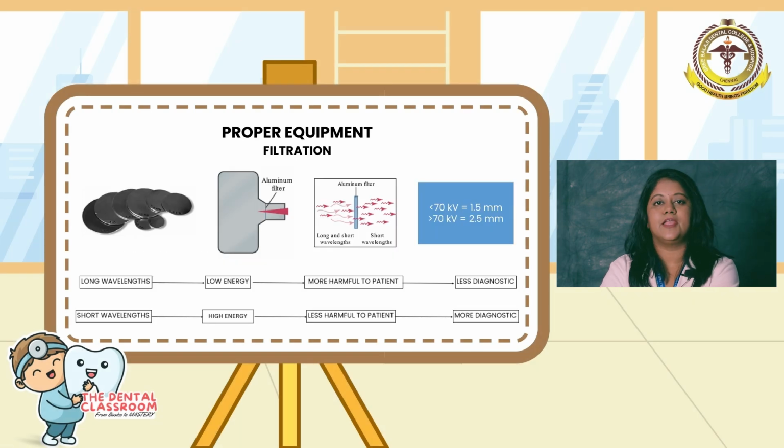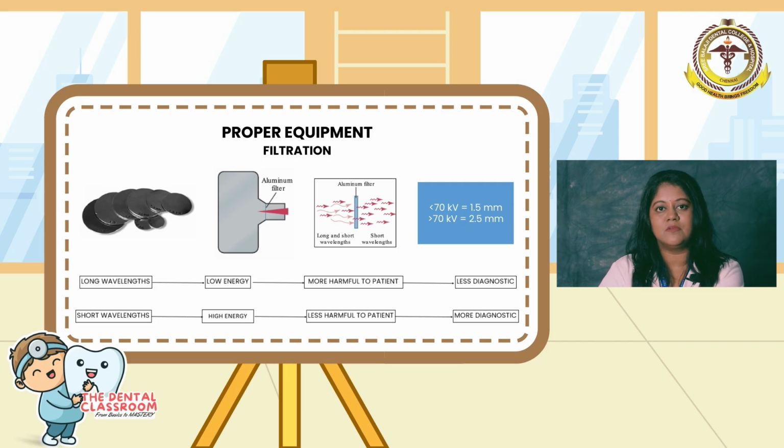And proper equipment. It is very important that you check the machines or the equipment in the dental clinic setup. They should have proper filtration. A filtration is nothing but a part of the X-ray machine which is used to remove the long wavelength X-rays.